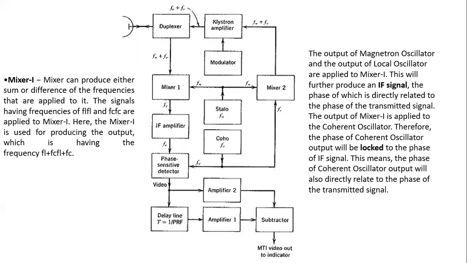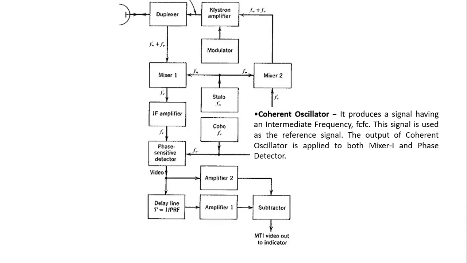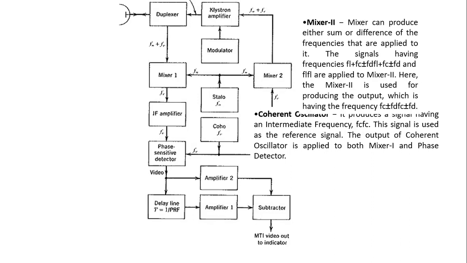Here, the coherent oscillator, as we said, is giving oscillations to both the phase sensitive detector and mixer 2. Mixer 2 produces the sum and difference of frequency, just like mixer 1. In mixer 1, we are giving stable constant oscillations.